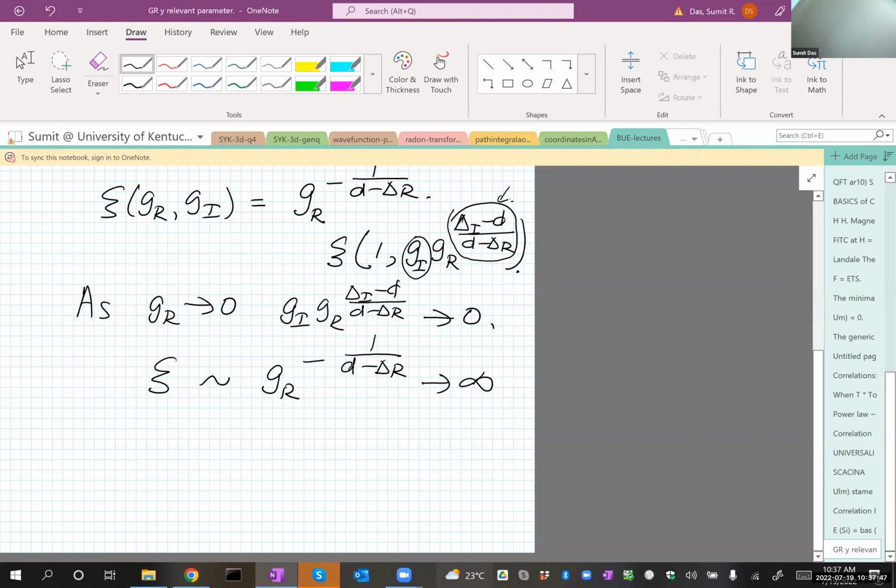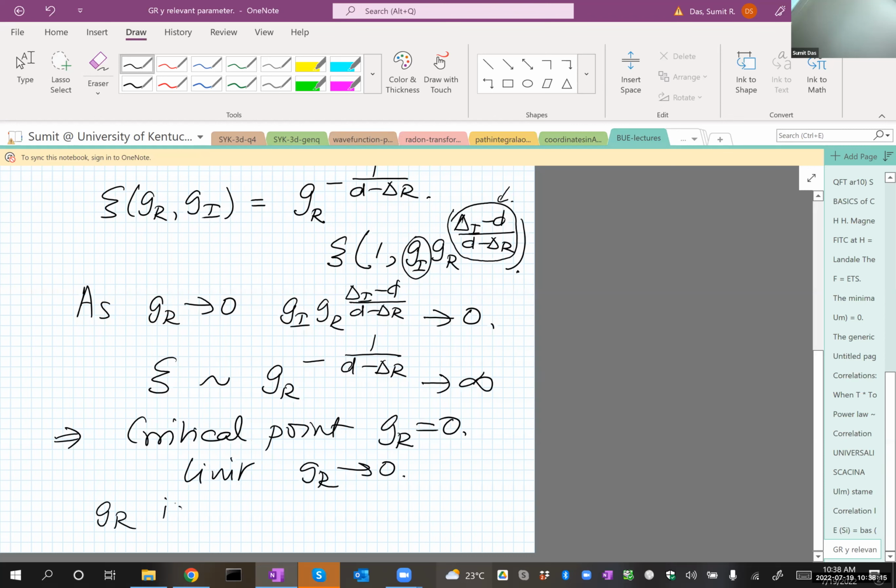This is why GR is called a relevant parameter. It is relevant for the critical limit, GR equal to 0. So this tells you that the critical point is GR going to 0, and GR is relevant to this critical limit.